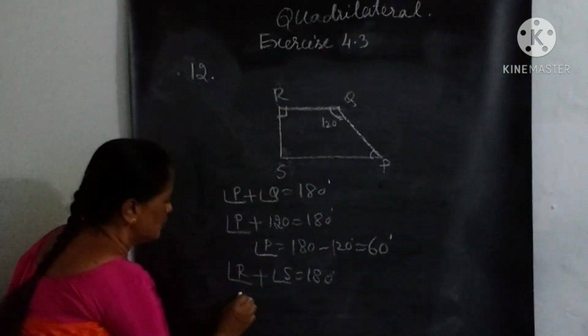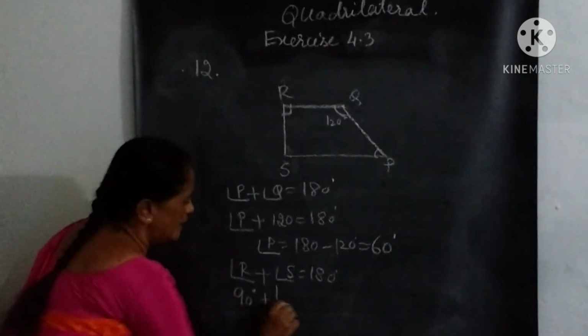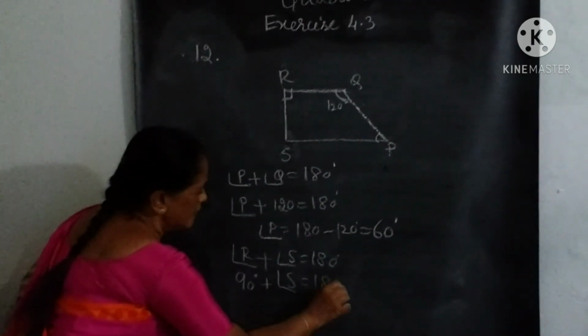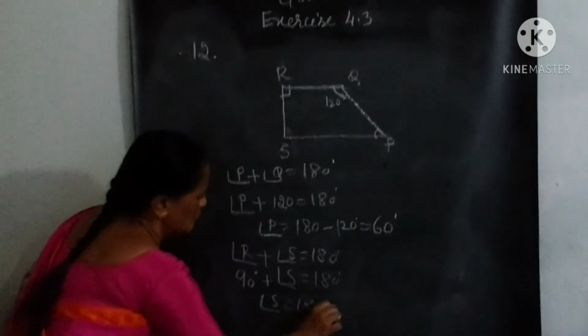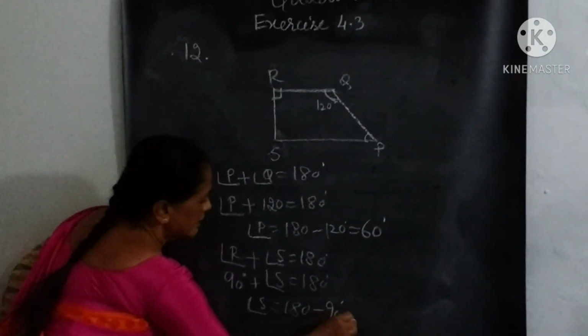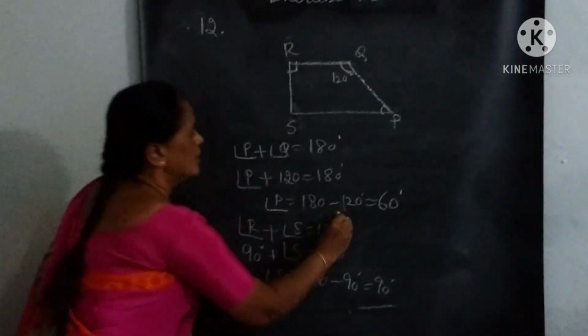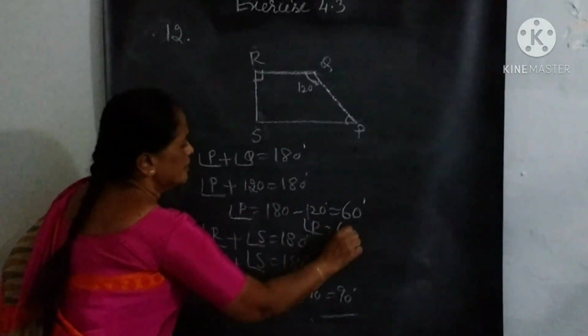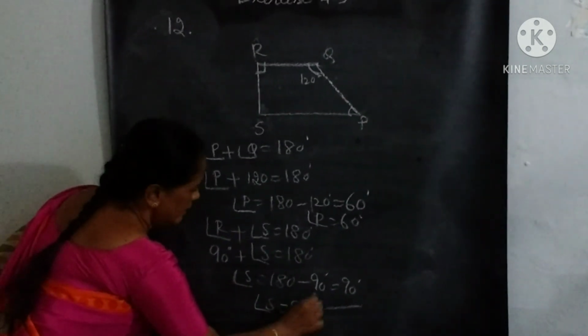So angle R is known to us, that is 90 degrees, plus angle S equals 180. Then angle S is equal to 180 minus 90, that is equal to 90 degrees. Angle P is how much? 60 degrees. And angle S is 90 degrees.